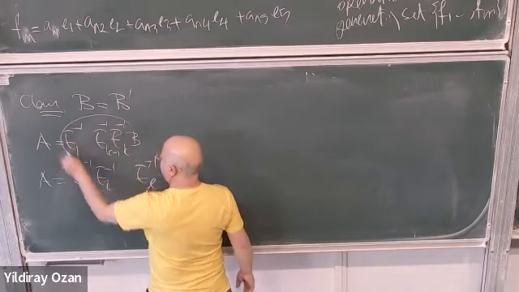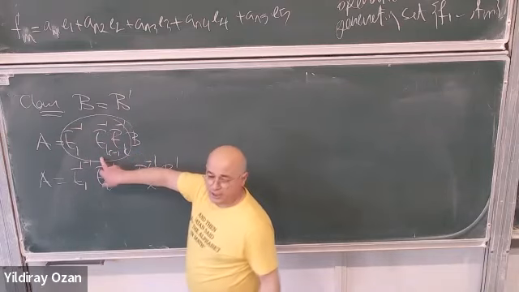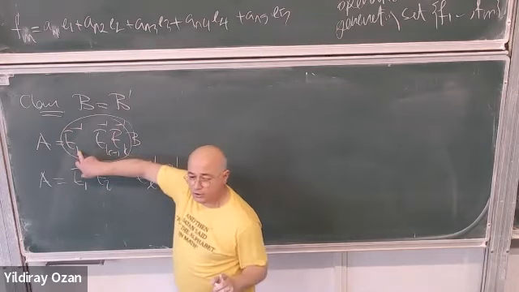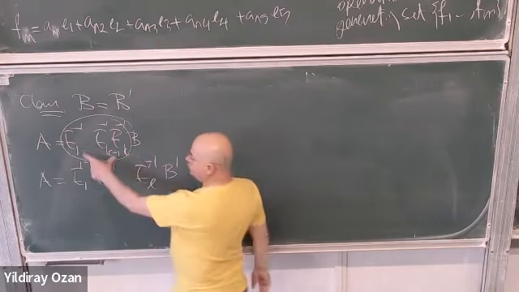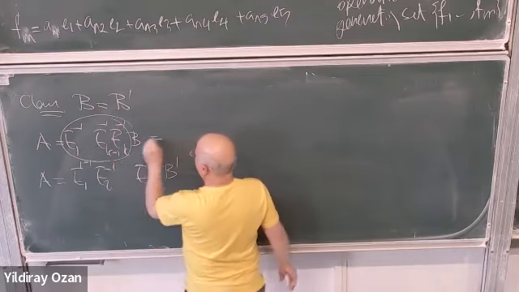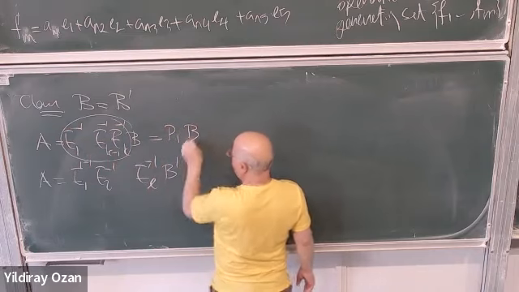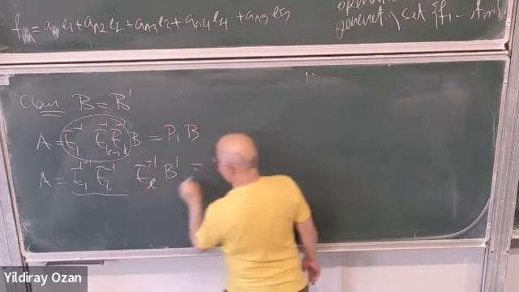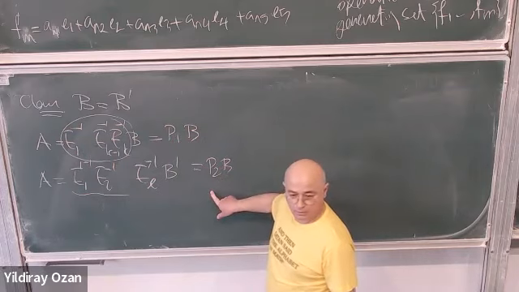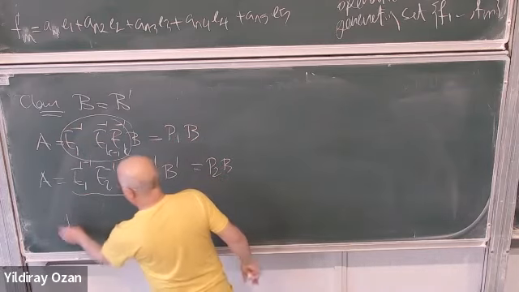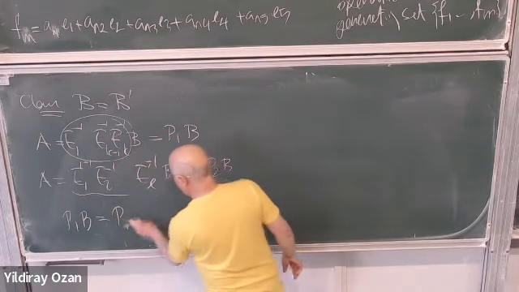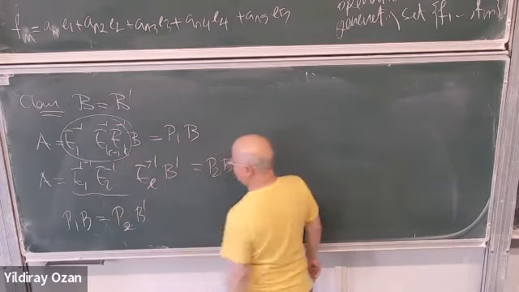These are all invertible. Therefore, their product is invertible. So this is an invertible matrix. Let me call it P1. And let me call this matrix P2. They are both invertible. So I have P1B is equal to P2B prime.